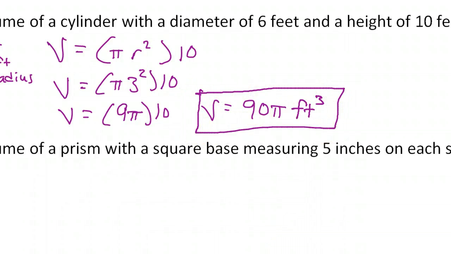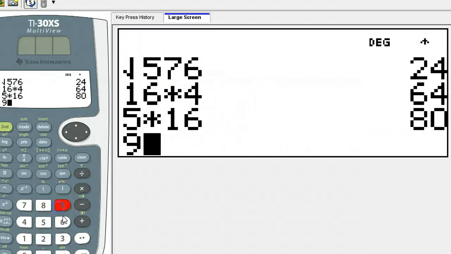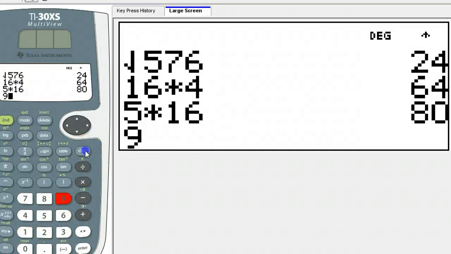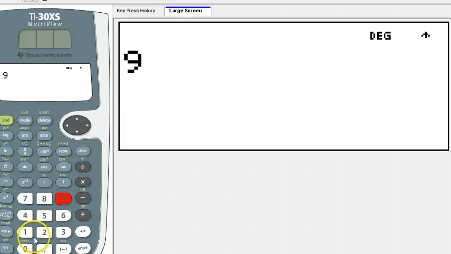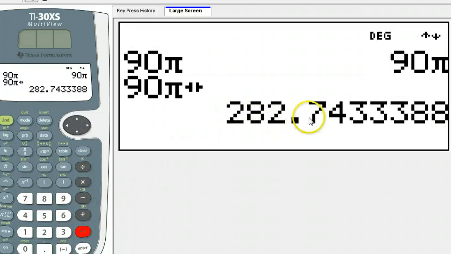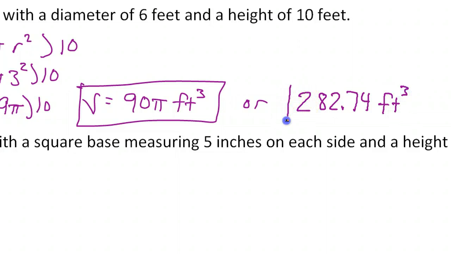We should make decimal forms of these also. So let's go back. 90 pi is 282.74, and we're talking volume, so that'll be cubic feet.